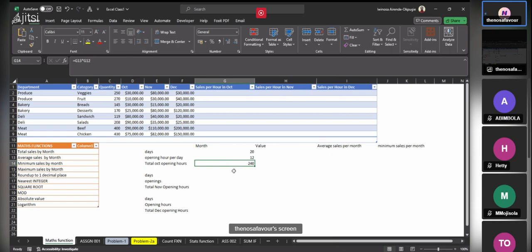So for October, how much did we make per hour? This particular sale divided by the 240 hours gives you the sales per hour. Is that clear? Yes, sir.